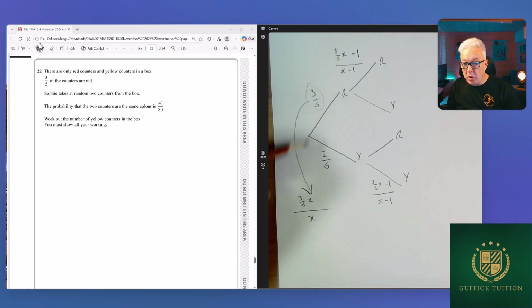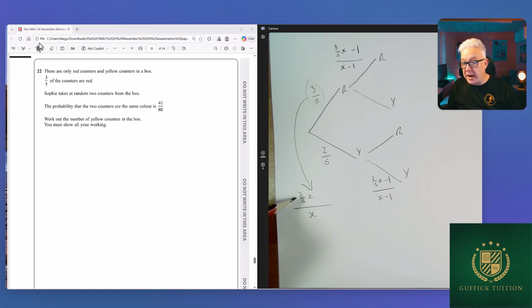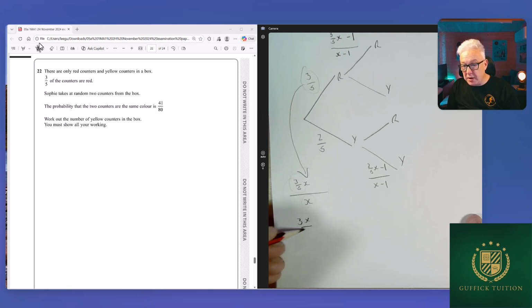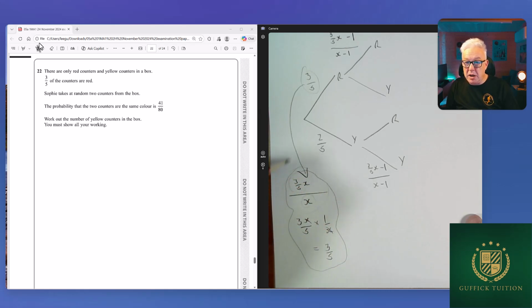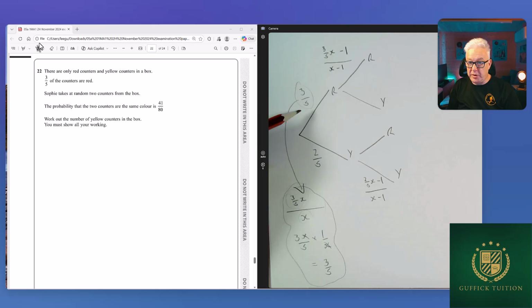So if you find it more consistent to visualize, we could have written that like that. The number that were red was 3/5 of the total number, and the total number was X. Now that could also be rewritten as 3X/5 times 1/X, and then those X's cancel, so we end up with 3/5, you see? So that's an alternative way of thinking about Sophie's choice when she first reached into the box.